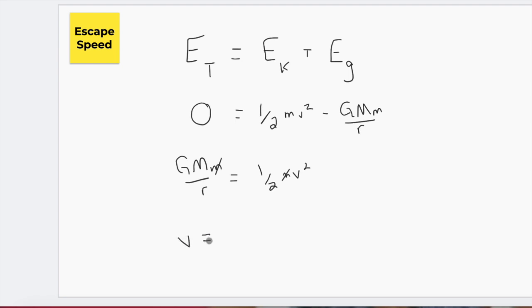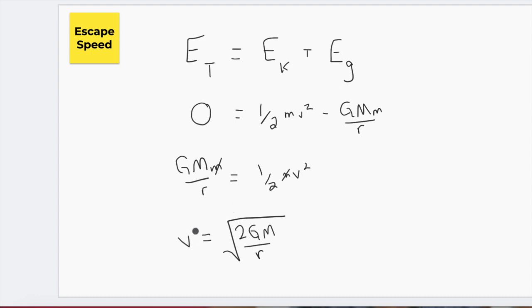V equals the square root of 2GM over r. So what does that mean? This means that for the escape velocity of any object, it doesn't matter what the mass is.